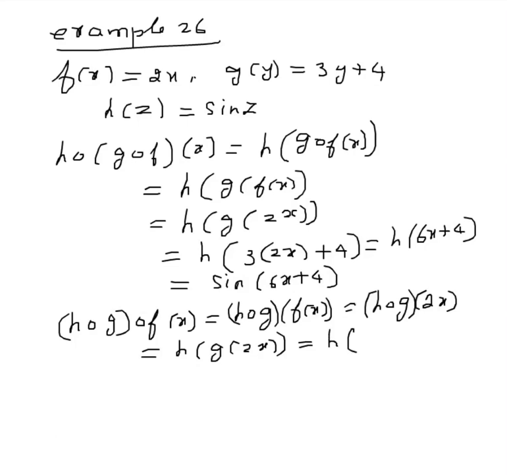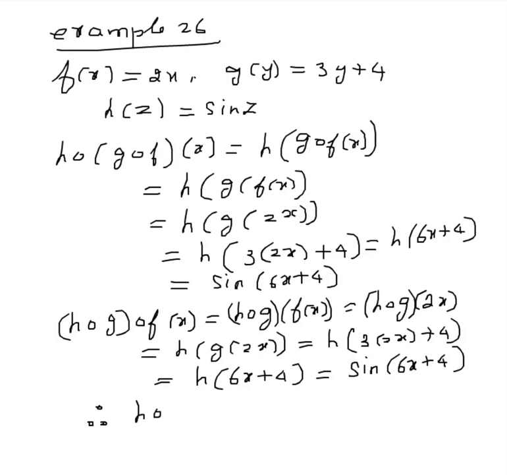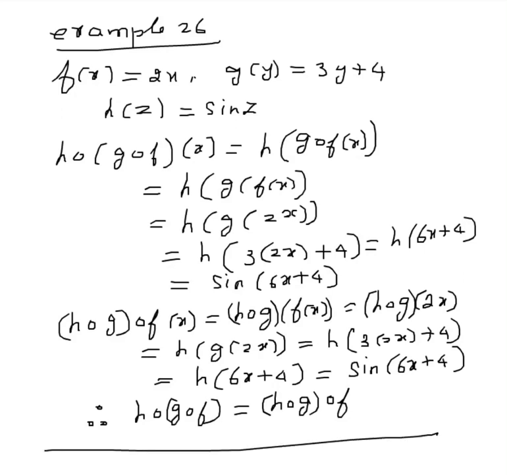And g of 2x will be 3 times 2x plus 4 using the g function, which becomes 6x plus 4. And now use the h function, which is sine of 6x plus 4. And both are equal. Therefore, h composite g composite f is equal to h composite g composite f. For all x it is true. This is nothing but the associative property of composition of functions.